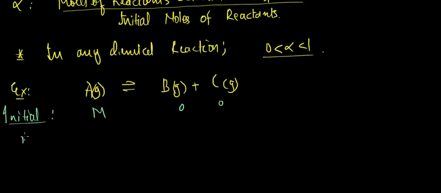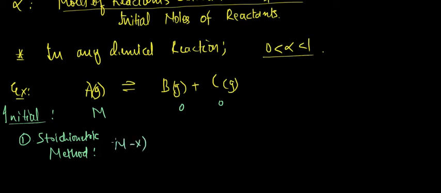According to the stoichiometric method, we can write that at equilibrium, A has only m minus x moles, and the remaining x moles are with B and C.